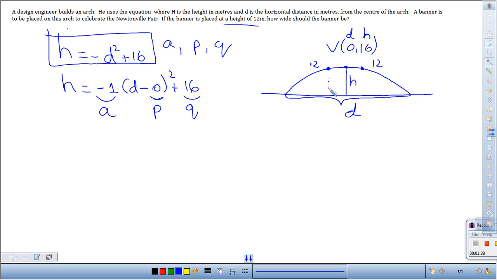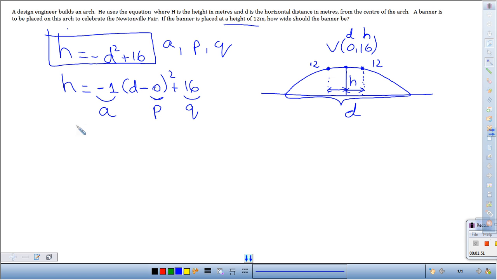Now, if we go back to meet that horizontal distance, since my parabola is symmetrical, I know the two distances are equal. From the center of that arch to the left and to the right, I will have the same number of meters that will form that banner. So how can I figure out what the horizontal distance of that banner should be?